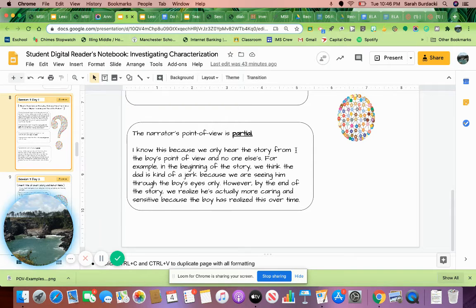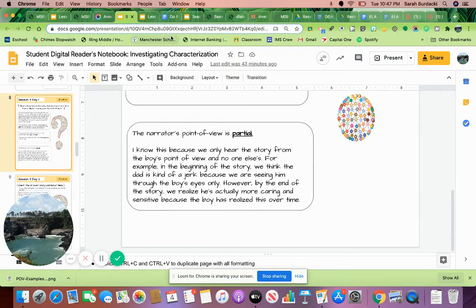Okay, so if this story were told from not only the boy's point of view, but the father's point of view and Dante's point of view and any other minor characters, we would get a fuller point of view. Or if we had a third person point of view where the narrator was talking about each character individually and giving us their thoughts and feelings, that would also be a fuller point of view.